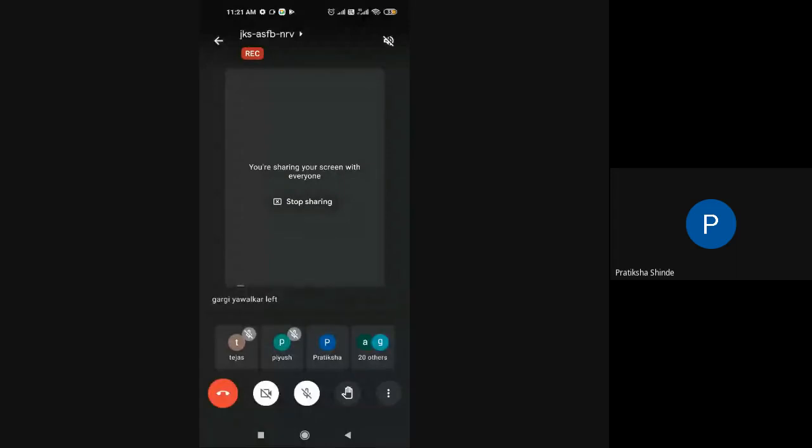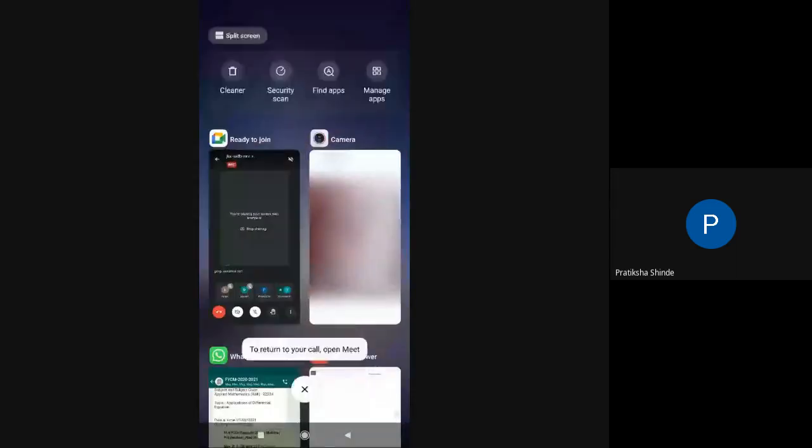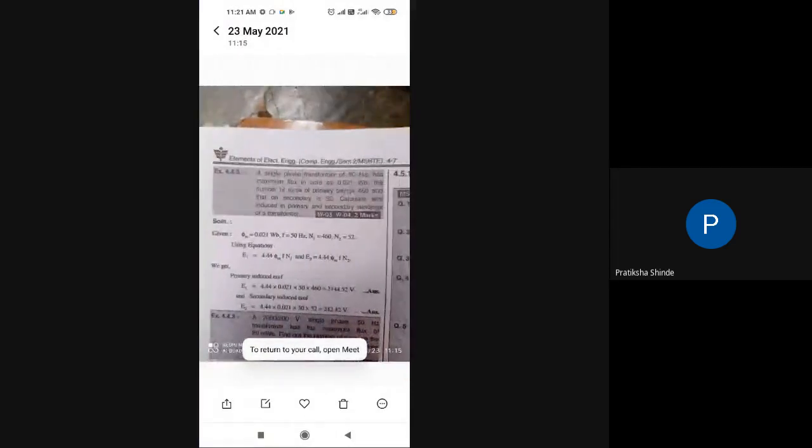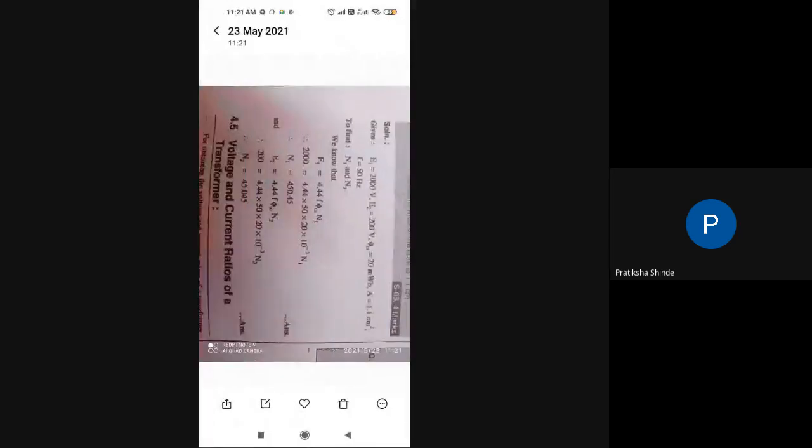What is the equation? E1 is equals to 4.44 into F into phi m into N1. So directly put the values. E1 is equals to 2000, F is equals to 50, phi m is equals to 20 into 10 raised to minus 3.